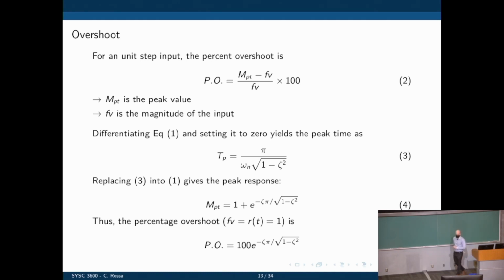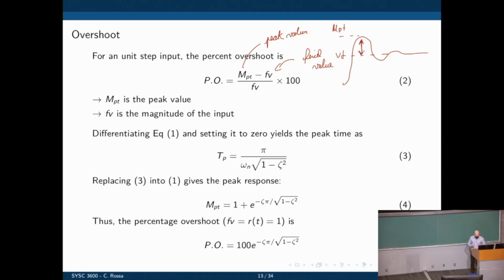For a unit step input, the percent overshoot is (MP minus FV) divided by FV, times 100. So what are we doing here? MP is the peak value. FV is the final value. If you're looking at a system like this, this is FV, this is MP, and we want to calculate this distance.